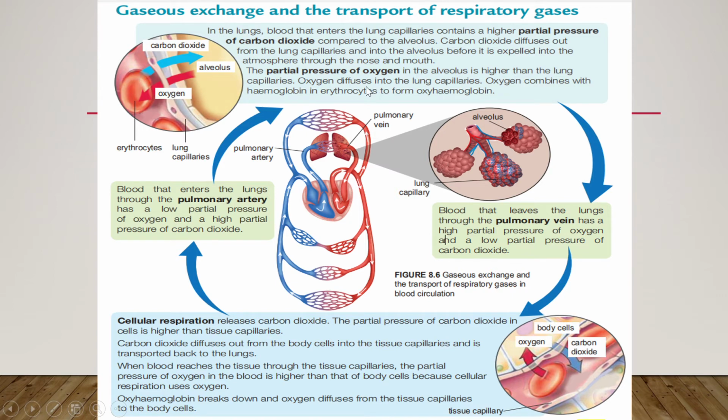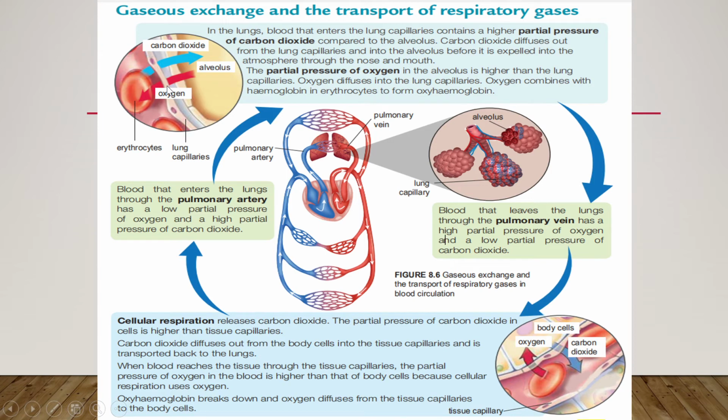So this will cause the oxygen to diffuse into the lung capillaries, and oxygen will combine with the hemoglobin which is in the erythrocytes, forming oxyhemoglobin. You still remember this term? You learned this back in Form 3. It is a complex compound.